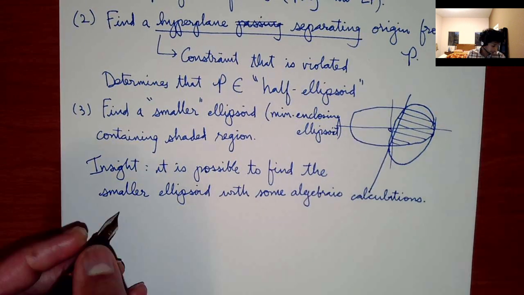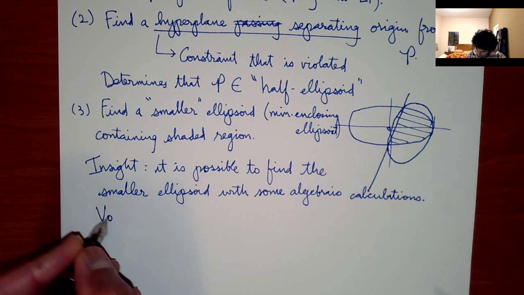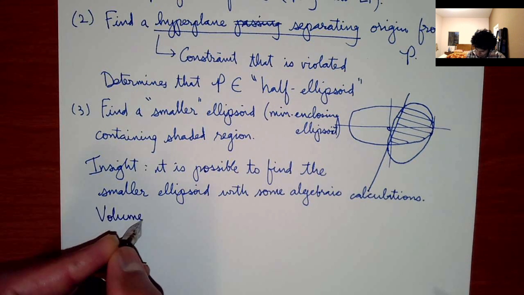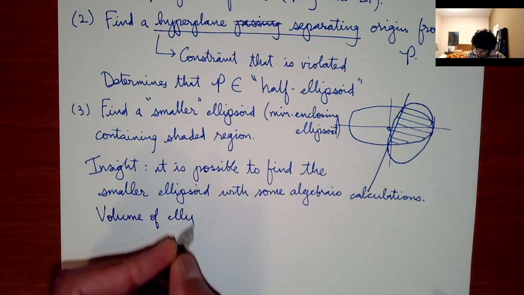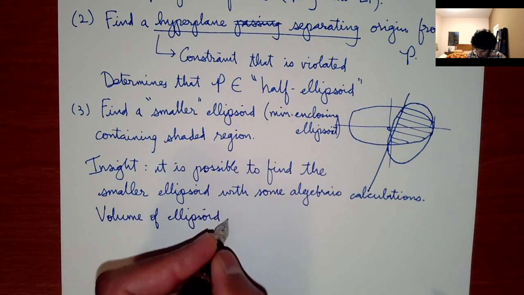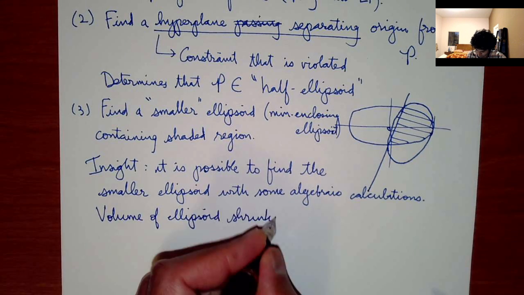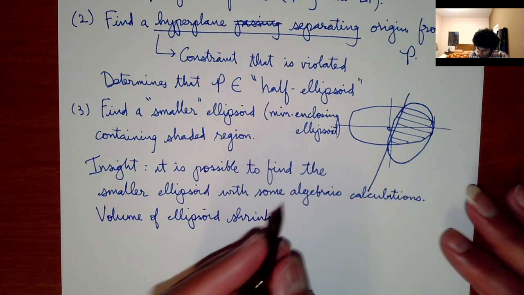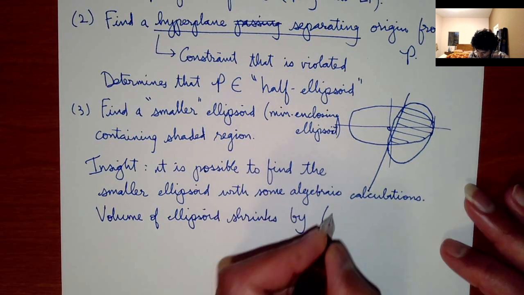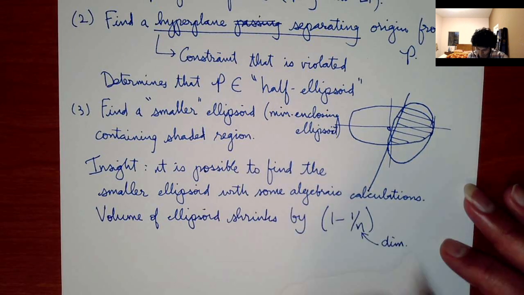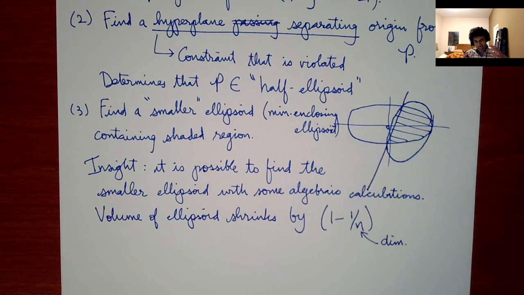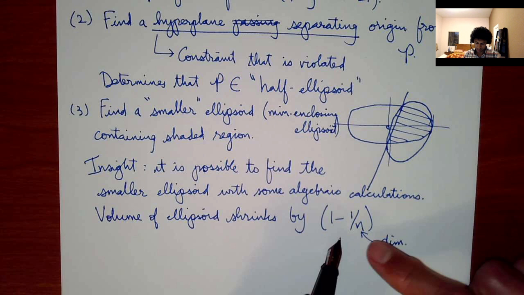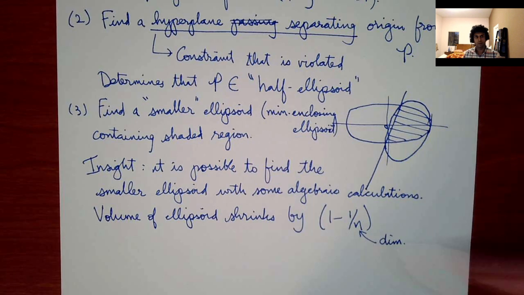And what you get is that the volume of the ellipsoid shrinks by a fairly small amount, by 1 minus 1 over n, where n is the dimension. So you can argue that this ellipsoid is going to be a little bit smaller, but the volume has shrunk.